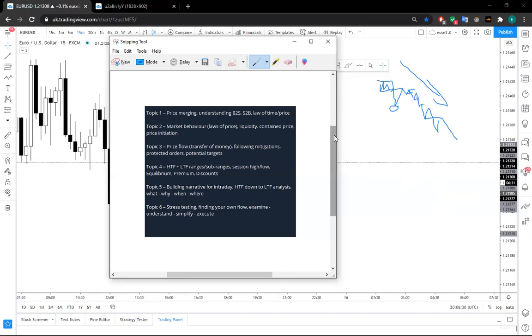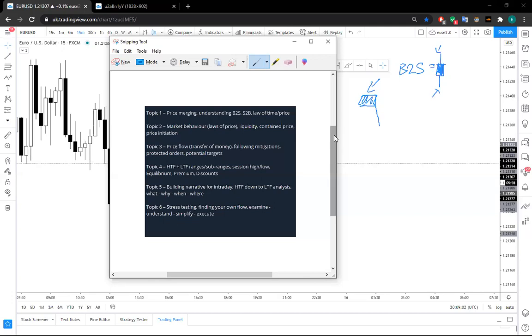To understand how to follow mitigations, you have that range that they create normally, and this range is what we call your B2S, buy to sell. You can see that range bar too, where you see 2 wicks on both sides. That can be your bullish bar or a bearish bar.